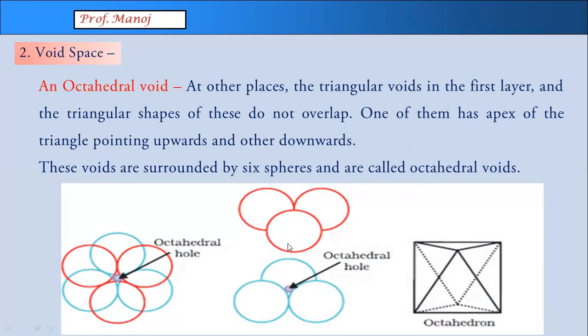If you join the points, the centers of all these six atoms, you get over here an octahedron. Let us check how many triangular faces you can see. First, second, third, fourth, fifth, sixth. Everyone got this thing? How to count? How many spaces are you getting here?